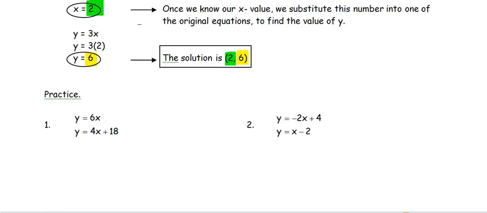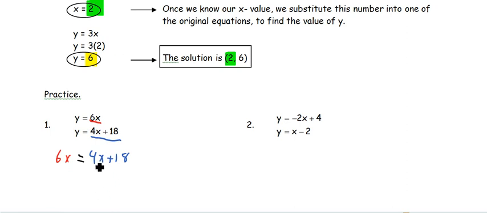So, I have 6x equals y, and I have 4x plus 18 equals y, which means that 4x plus 18 will equal 6x. All right, let's now work. I'm going to work all in black now.